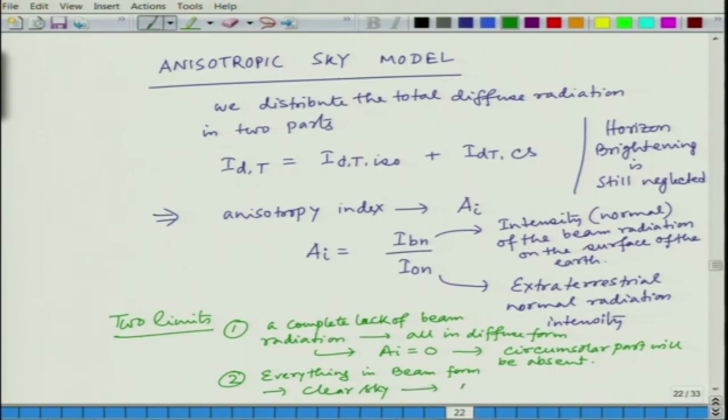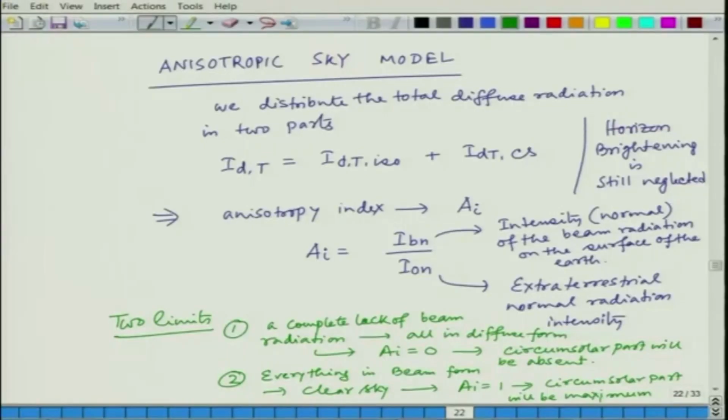And in that case AI will be 1 and the circumsolar part will be maximum. Do you not agree? So, these two limits tell us that the anisotropy index gives you certain distribution when the circumsolar part will be higher or lower, that is what we are trying to catch through this anisotropy index.